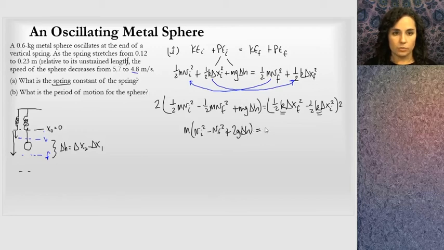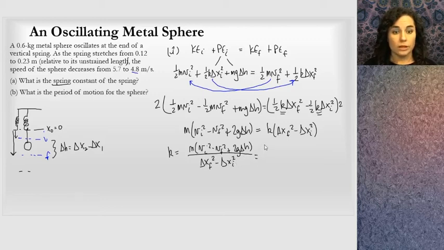That has to equal k times delta x final squared minus delta x initial squared. I'm solving for k, so we'll get k equals m times all this stuff, v initial squared minus v final squared plus 2g delta h, over this term here, delta x final squared minus delta x initial squared.